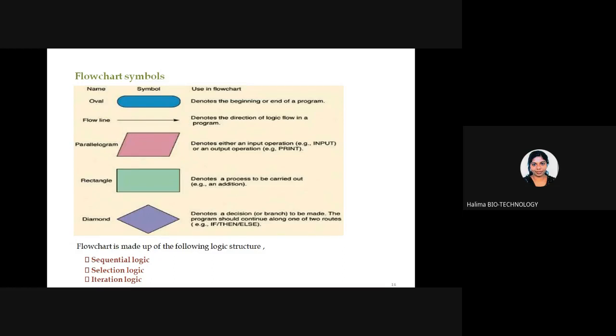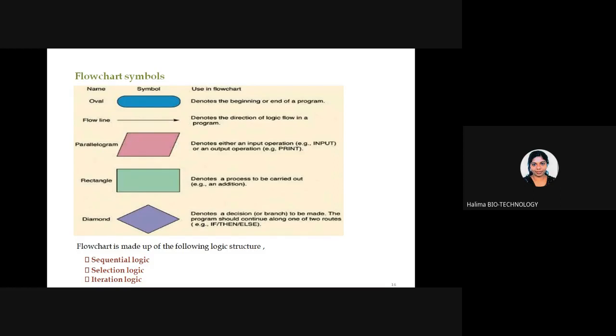And for output, print statements like print A or B, you have to use the parallelogram for it. And the rectangle is mainly for the process. Process in the sense that you have an arithmetic operator there, whether it is an addition operator or a multiplication operator.